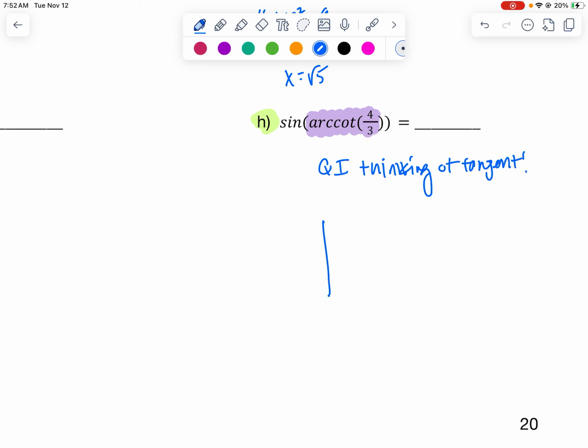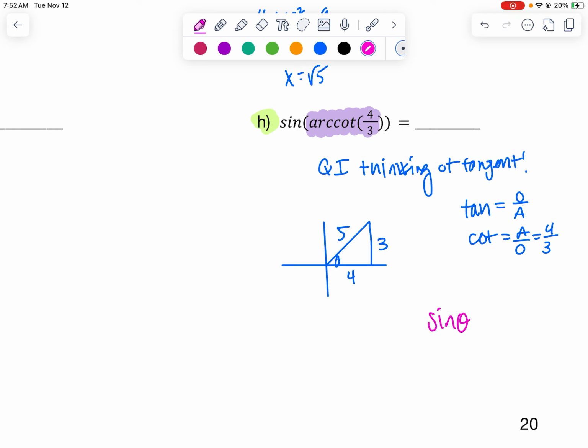So quadrant 1, here we go. Now we know that tangent is opposite over adjacent, so that means cotangent is adjacent over opposite. So this is where our 4/3 comes from. Adjacent is 4, opposite is 3, so then my hypotenuse is 5. And again, now all we're evaluating is the sine of theta, which is just 3/5, and that is your answer.